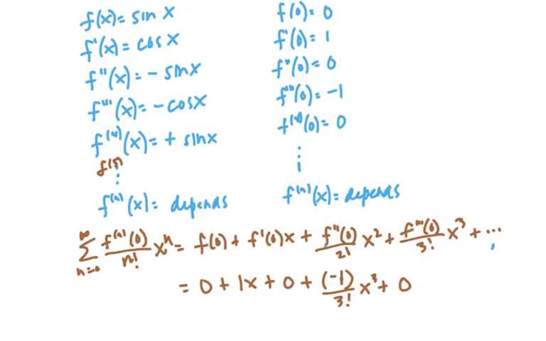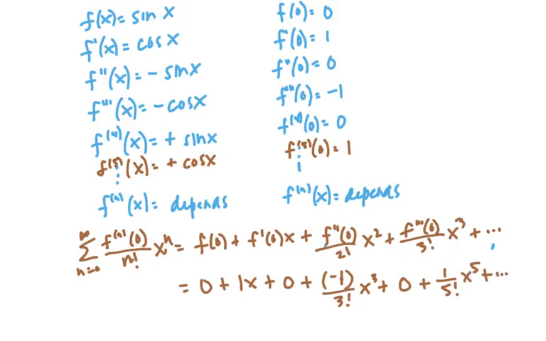The fifth derivative of sine x is positive cosine x. So the fifth derivative at 0 is 1. So our fifth term would be positive 1 over 5 factorial x to the fifth.